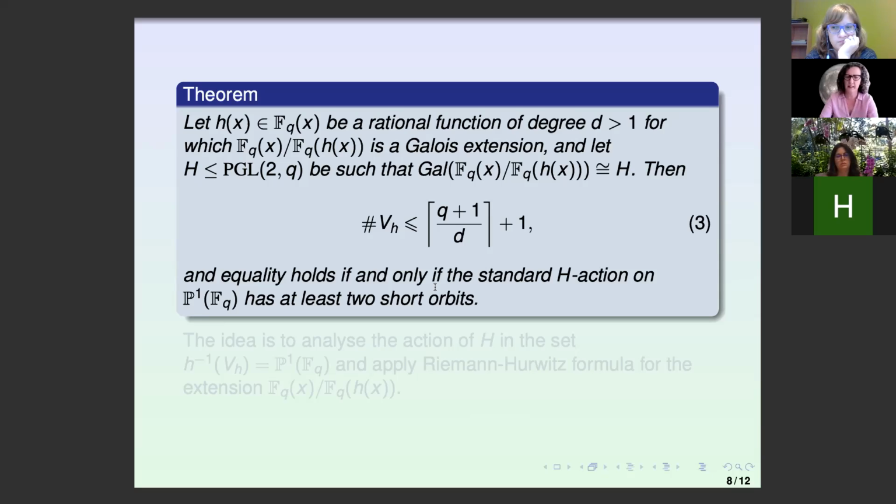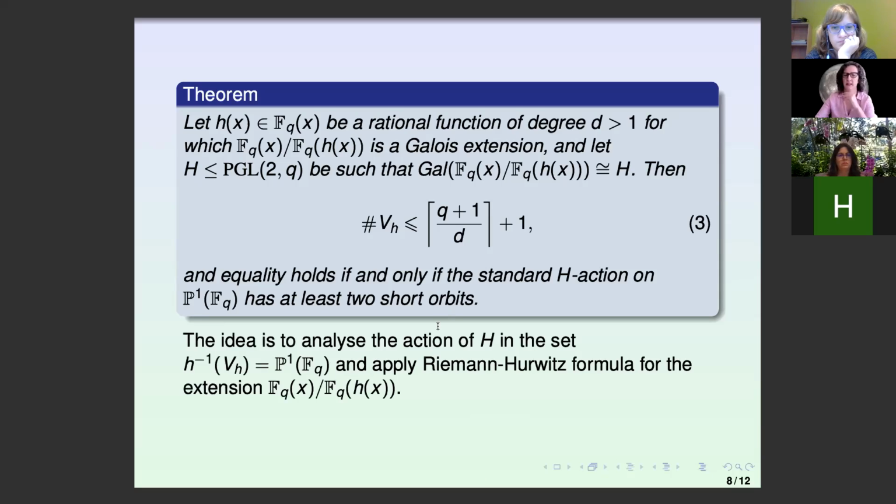How do you prove that? The idea here is not too hard. You analyze the action of H on the pre-image of the value set. But the pre-image of the value set is just P1. So when H acts on P1, you have certain orbits. Suppose you have a certain number of orbits, and you apply the Riemann-Hurwitz formula for this extension.